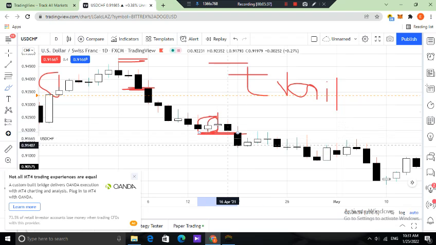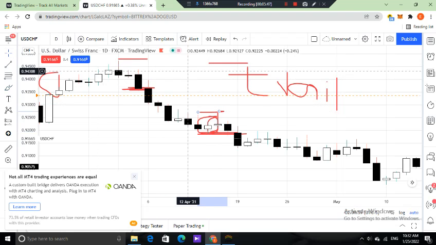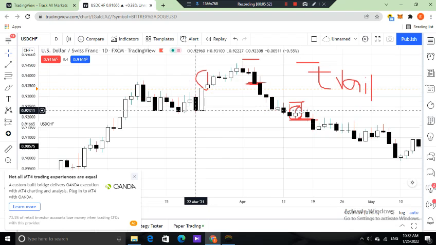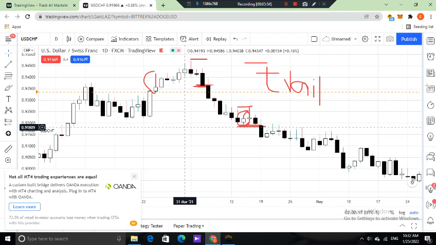And when you see the breakout below this level, you can trail your stop loss above this top, whatever. So in price action, that's how they set their stop loss.